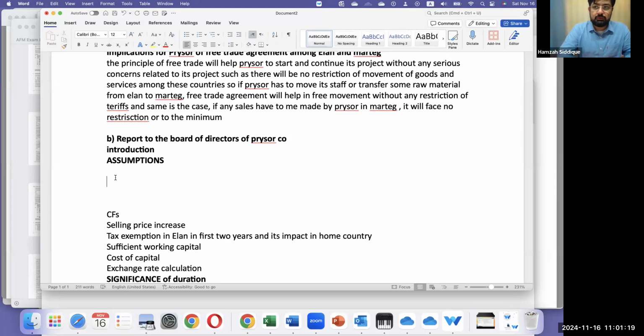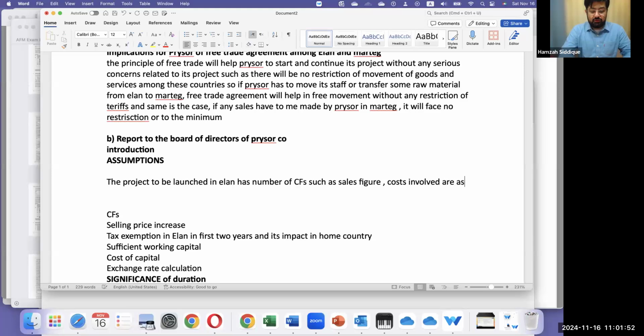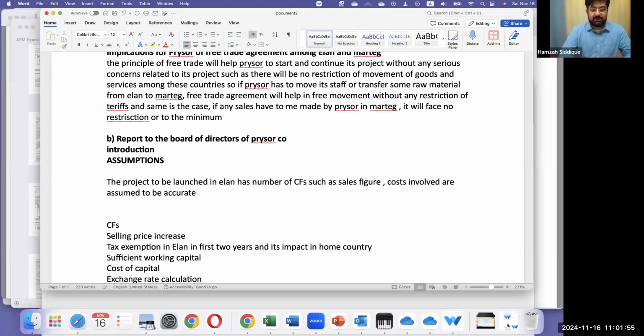So, the project to be launched in Elan has a number of cash flows such as sales figures and costs involved, which are assumed to be accurate.